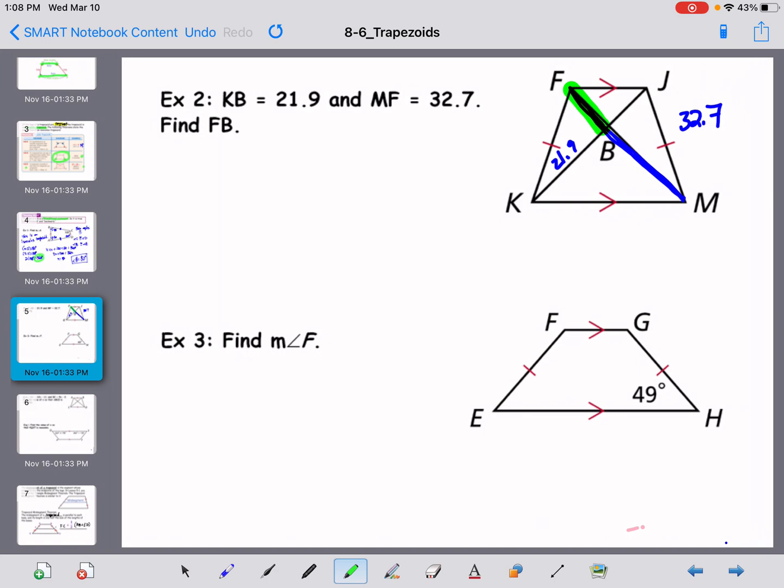So if KB is 21.9, then BM is also going to be 21.9.